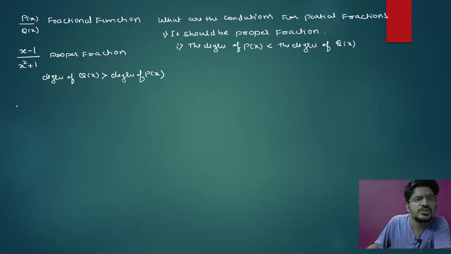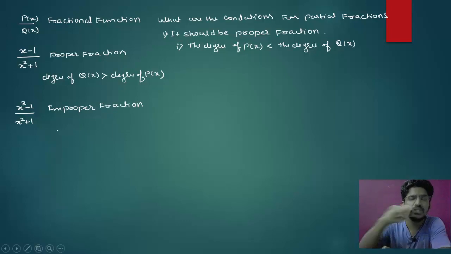Suppose we have x cube minus 1 divided by x square plus 1, this is called an improper fraction. So what do we have to do in this improper fraction?